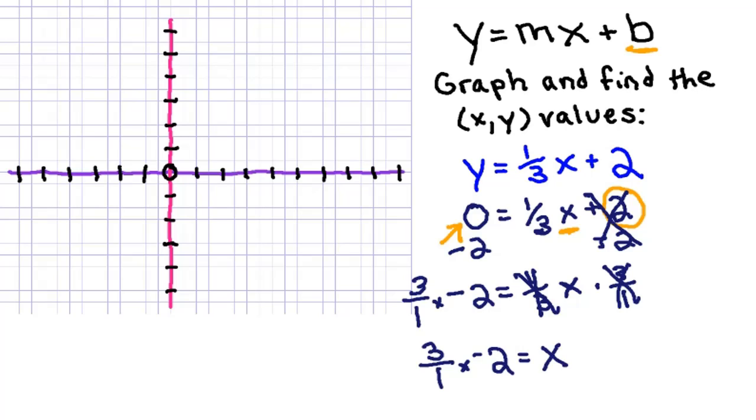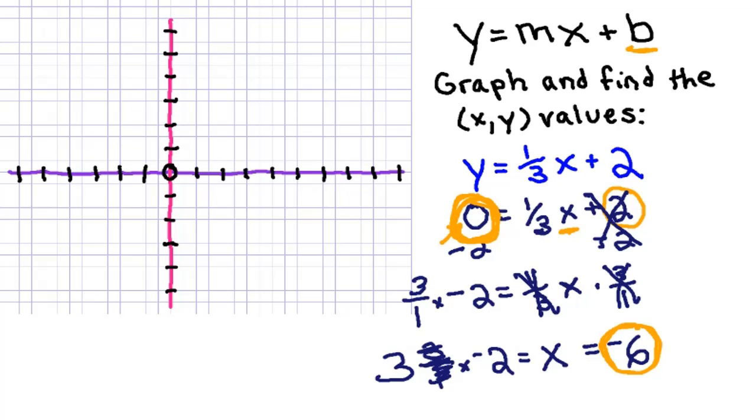And 3 over 1 times negative 2, well, we know that 3 over 1 is the same thing as 3. So 3 times negative 2 equals x. That means x is negative 6 at the x-intercept. When y is 0, x is negative 6.